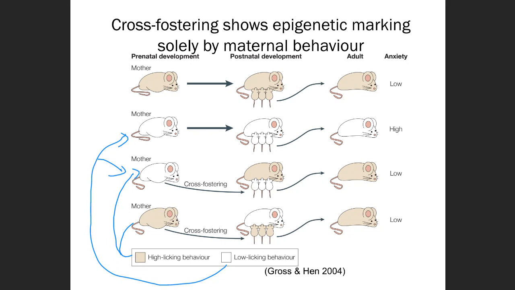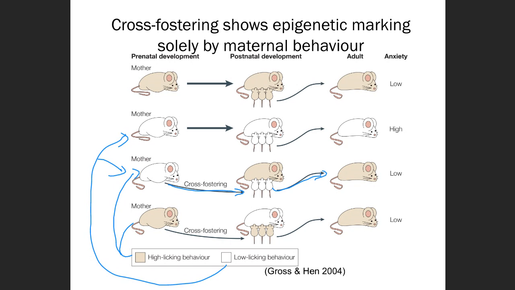However, if you take the pups from a low licking and grooming mom and give them to a high licking and grooming foster mother, these pups will develop the low anxiety phenotype as adults.